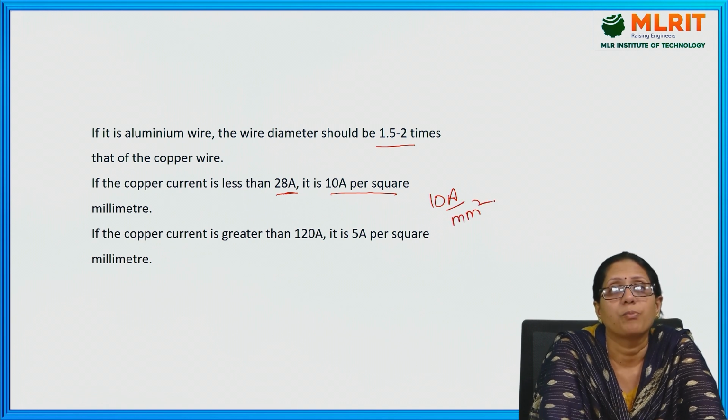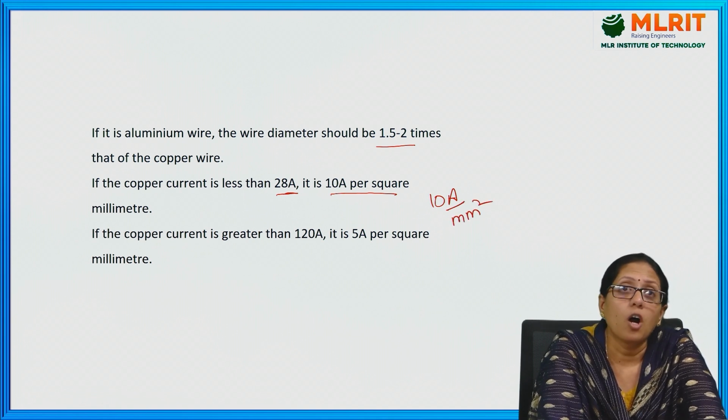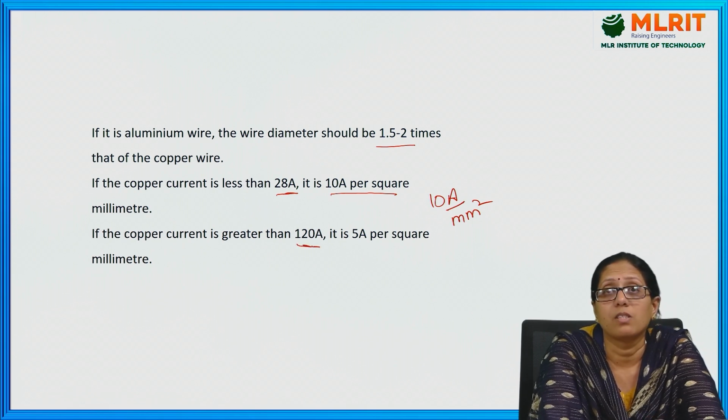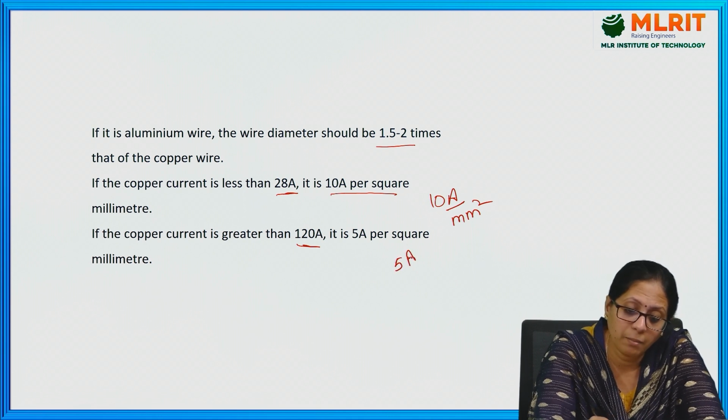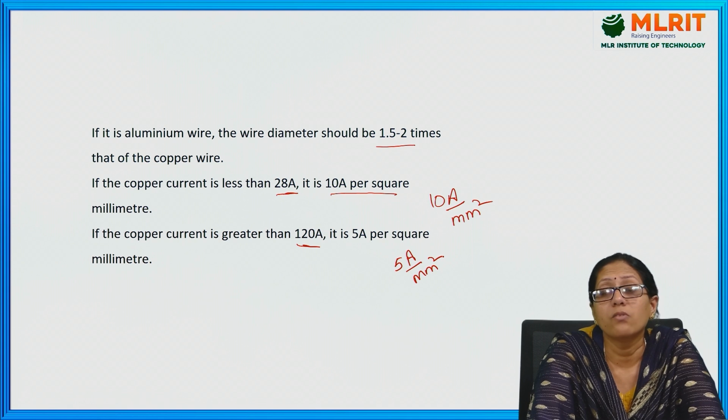If the copper current is greater than 120 amperes, it is 5 amperes per square millimeter.